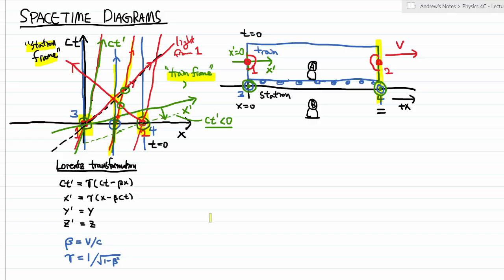And I hope you see how, with the use of space-time diagrams, these consequences of special relativity become much more clearly illustrated. And the value of a space-time diagram is really twofold. One is that when you learn how to correctly draw the Lorentz boosted axes, you are basically illustrating the Lorentz transformation in a graphical form.